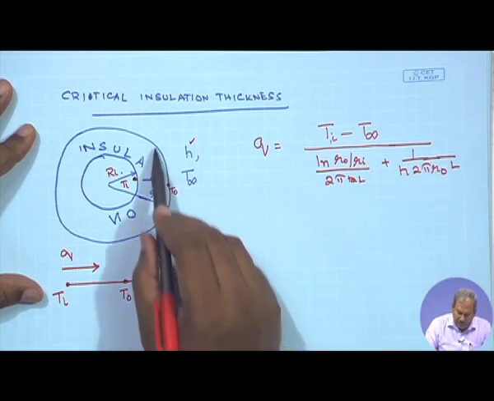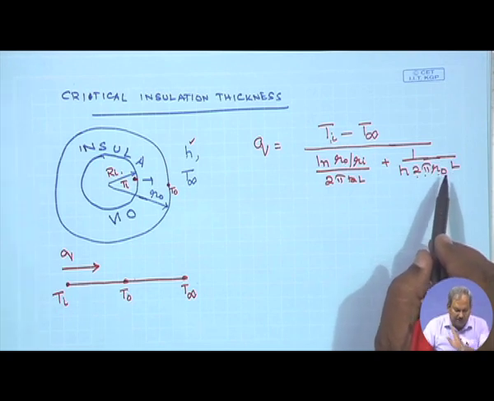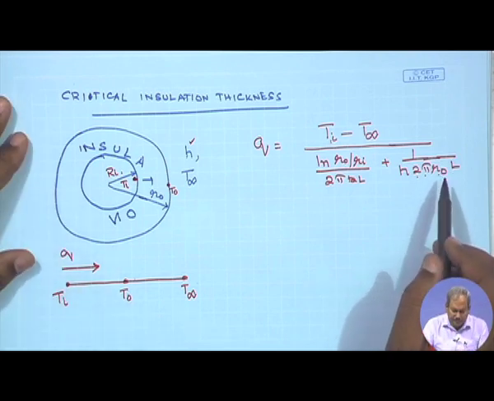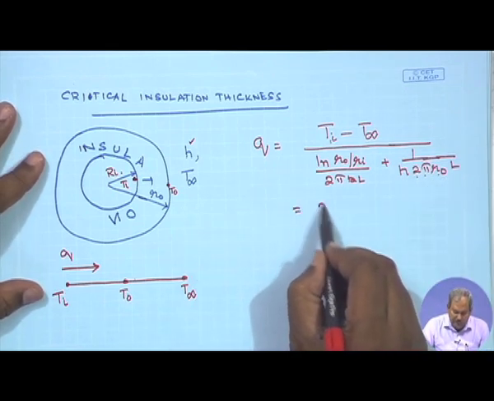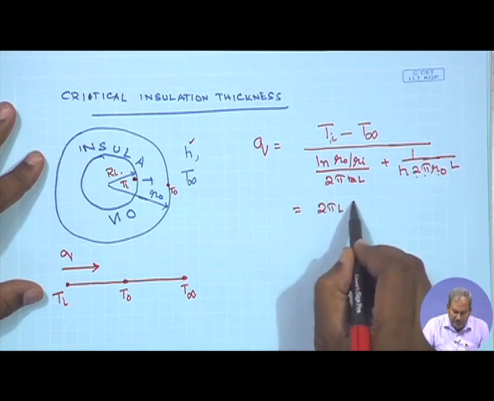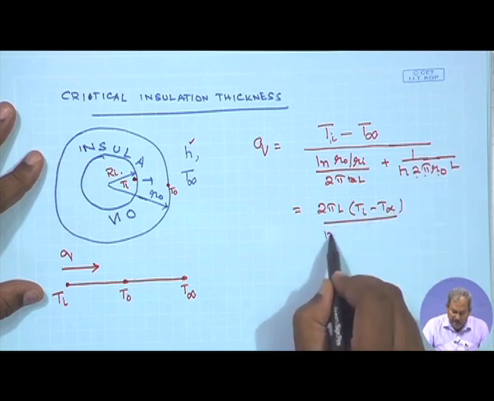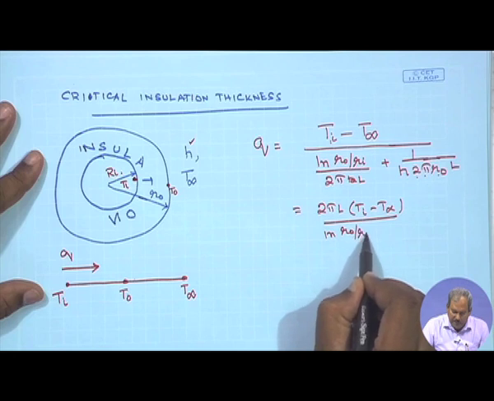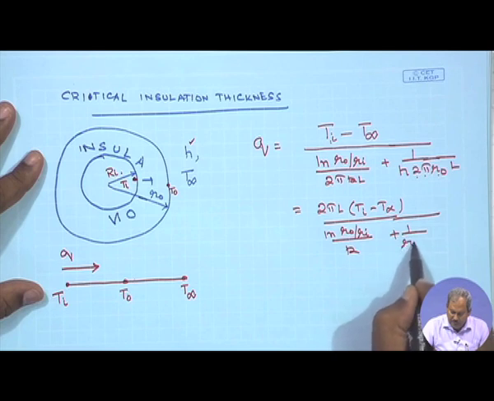The area available for convection is simply 2 pi R naught times L. This is a cylindrical system. So, one can write it as Q equals 2 pi L (T I minus T infinity) divided by [ln(R0 by Ri) by K plus 1 by R naught H].